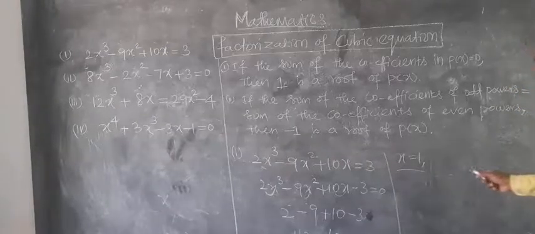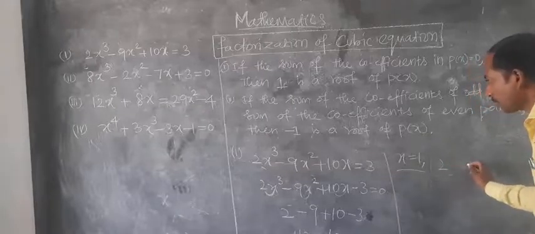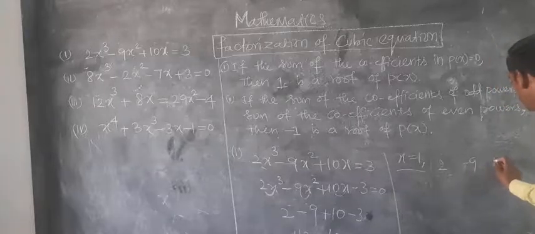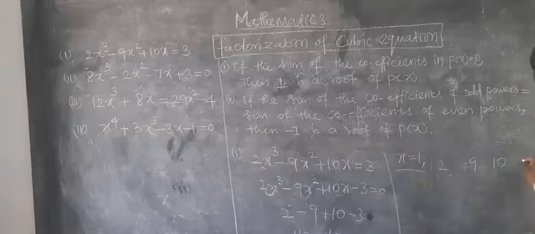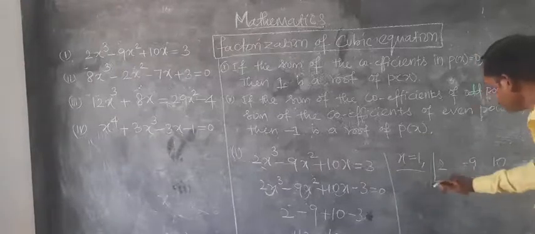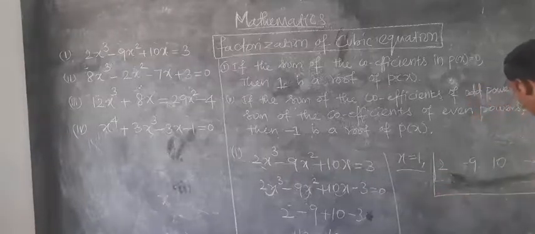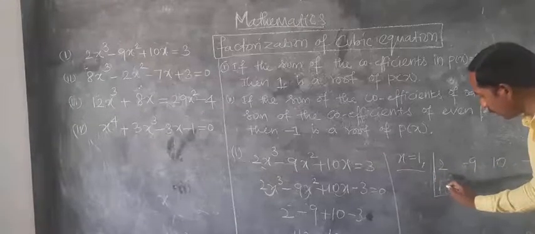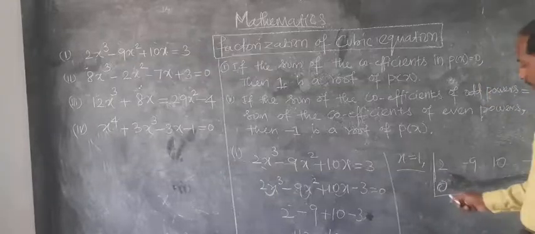X power 3 is 2, x squared minus 9, x 10, the constant negative 3. This is the synthetic division. When you use the synthetic method, in the corner it will always come 0. So don't forget it. Here 0.